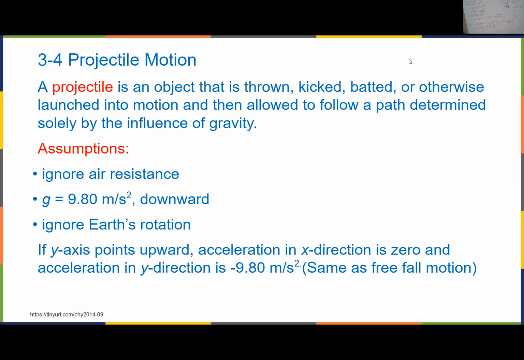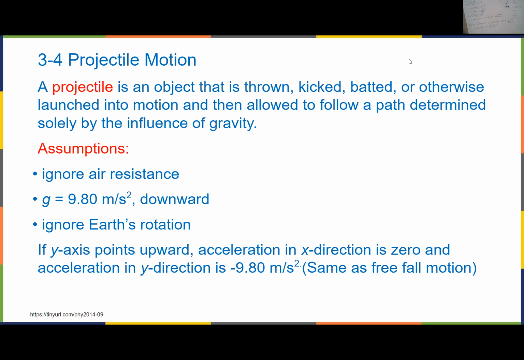Then air resistance will be significant. But in this case, we are assuming that the mass of the object is heavy, so then we can ignore the air resistance, okay? So in this context, unless otherwise specified, we'll assume that we are ignoring the air resistance, okay?